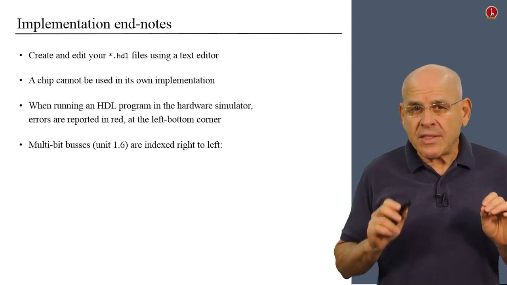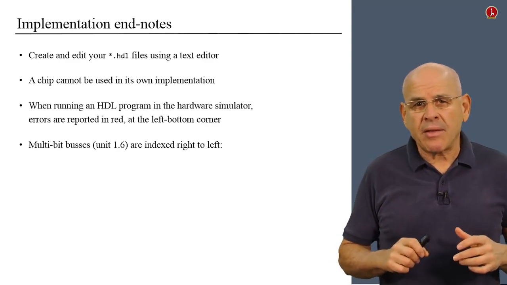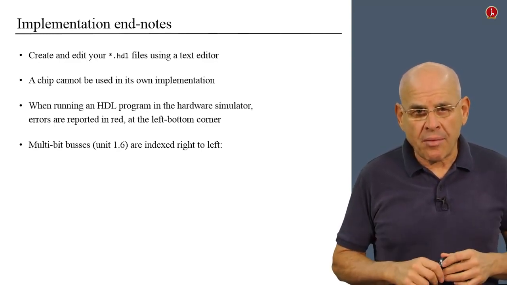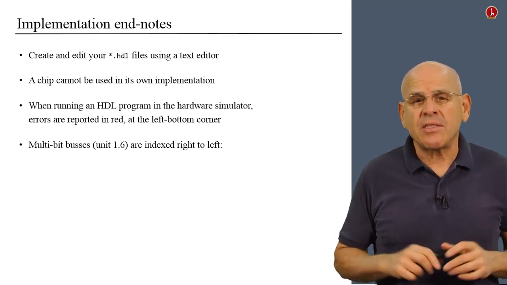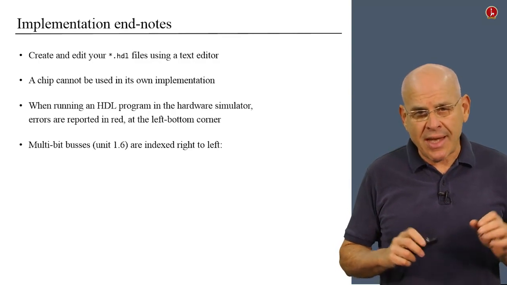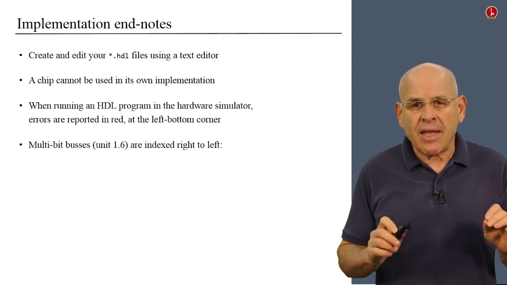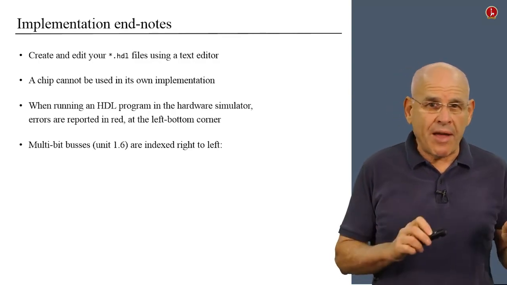Now, in Unit 1.6, Noam explained the whole notion of multi-bit buses. One thing that we would like to add to this discussion is that these buses are indexed from right to left.